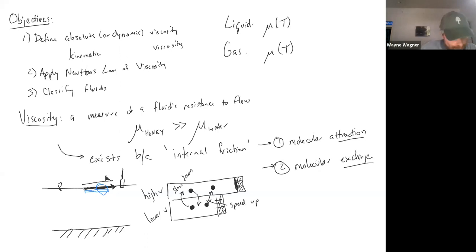What happens as the temperature goes up in a liquid? As the temperature goes up, the viscosity goes down. You can think about your honey that way: you heat up your honey and all of a sudden you can pour it out. I think there are a lot of different things going on in honey besides just that, but the viscosity decreases as the temperature goes up.